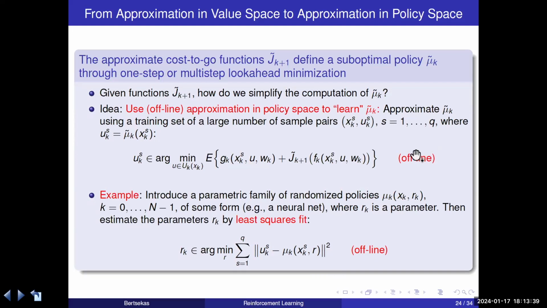Note that all of this is done offline. But if you get this policy here, this trained policy, it gives you answers much more quickly than this minimization does. So you can view this as approximation in policy space on top of approximation in value space.